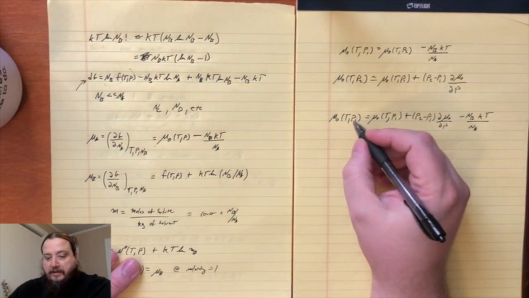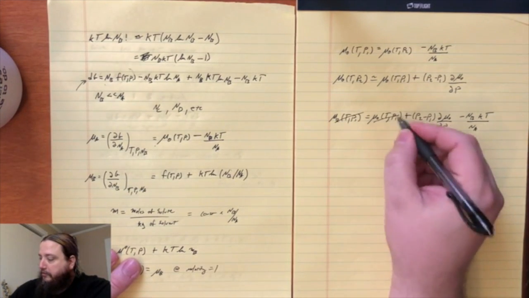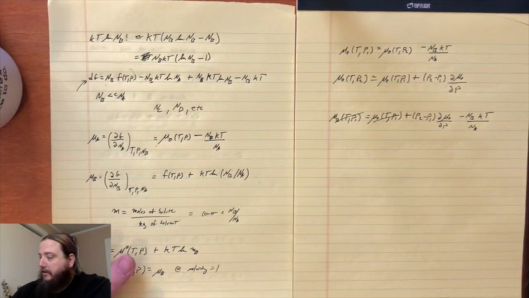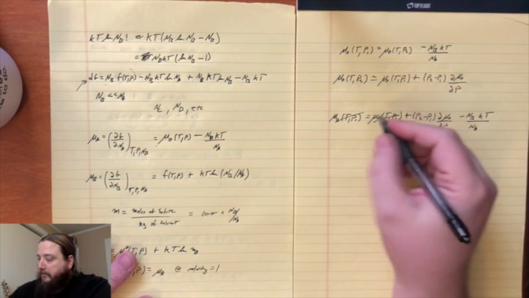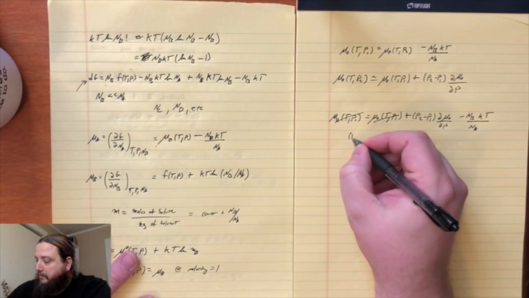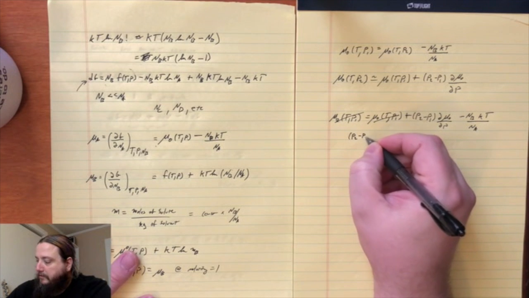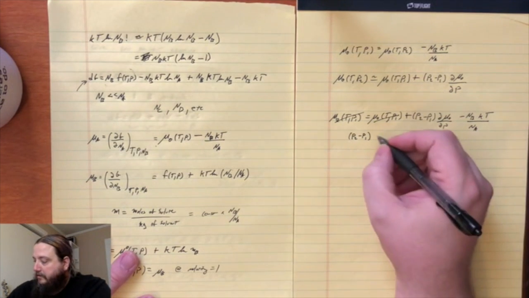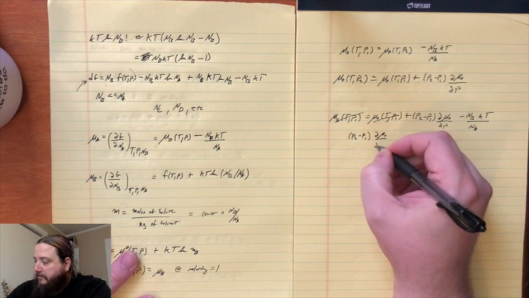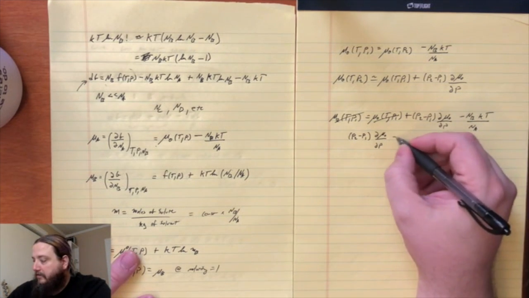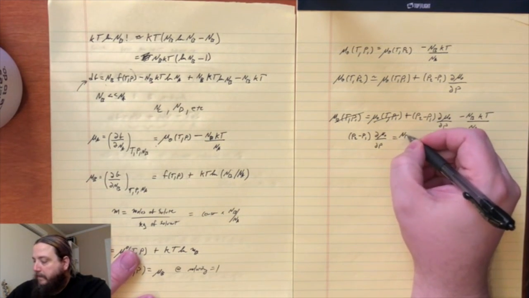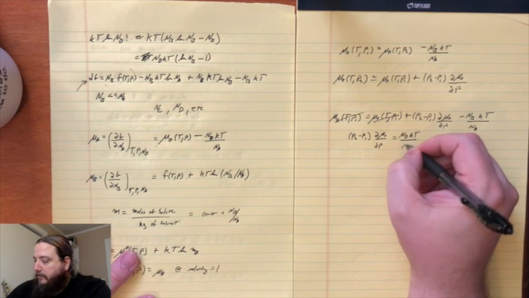And obviously these first two terms cancel out, and we could rewrite this as the pressure difference times d mu naught/dP is equal to N_B kT over N_A.